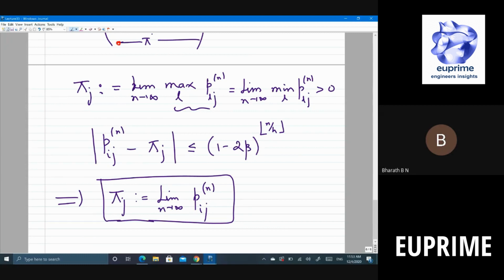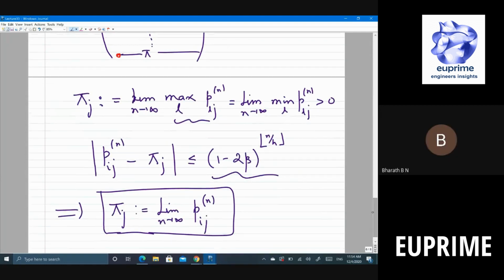Max over all L of PLJ n is non-increasing, and min is increasing. That means pi j is sandwiched between max and min. So Pij minus pi j also should go down like 1 minus 2 beta power n by h. Do you agree? Yes, sir.